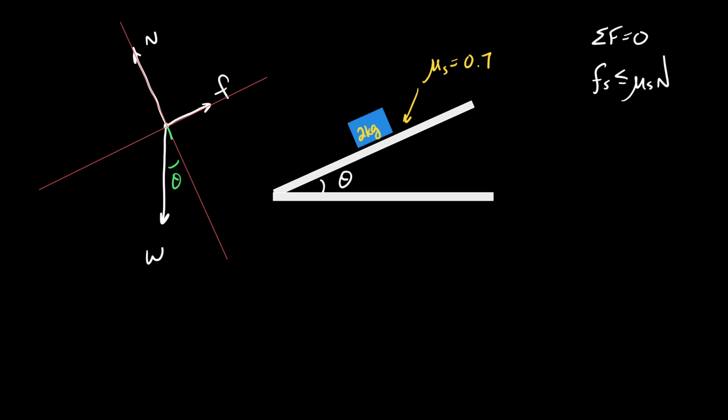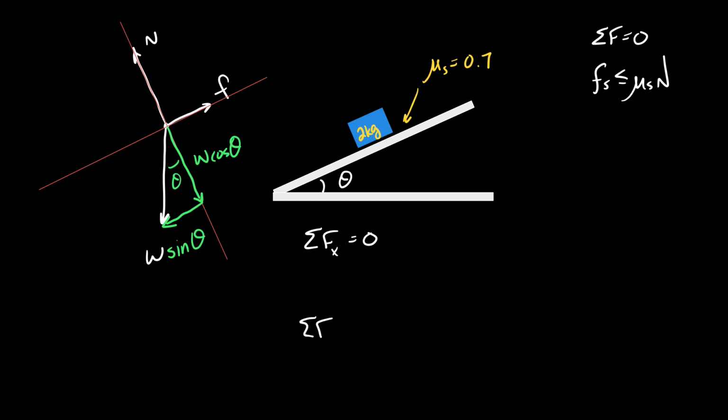We don't know what theta is this time. We're trying to find it. But I'm still going to be doing the problem the same way I did it before. I'm going to take my off-axis force, and I'm going to break it up into components. I'm going to make this one sine and this one cosine. But here, net force in the x direction, I'm going to set that equal to 0.